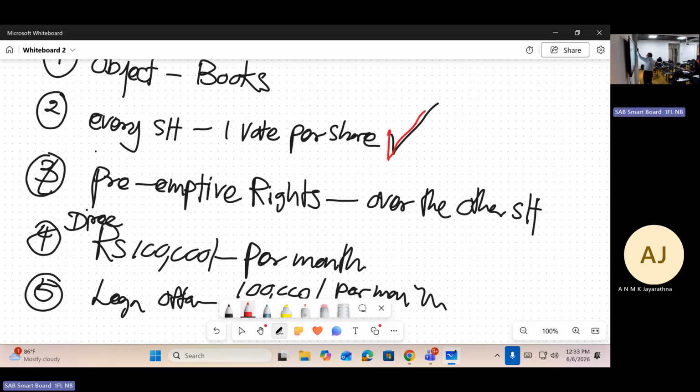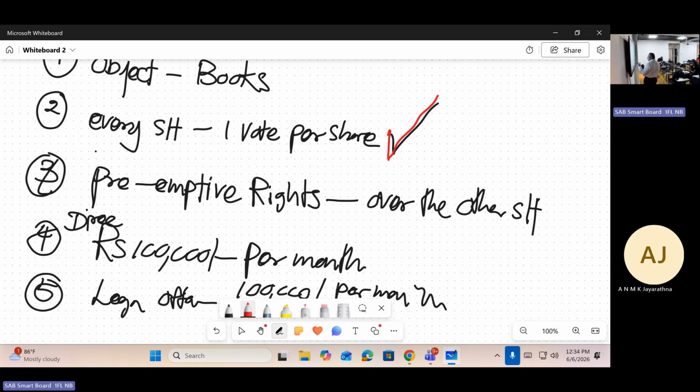Because by being a shareholder of this company, this right is given to this person. Suppose a particular shareholder owns 100 shares, then he is entitled to cast 100 votes, because of the provision mentioned in the articles of association. That right is given to the shareholder.